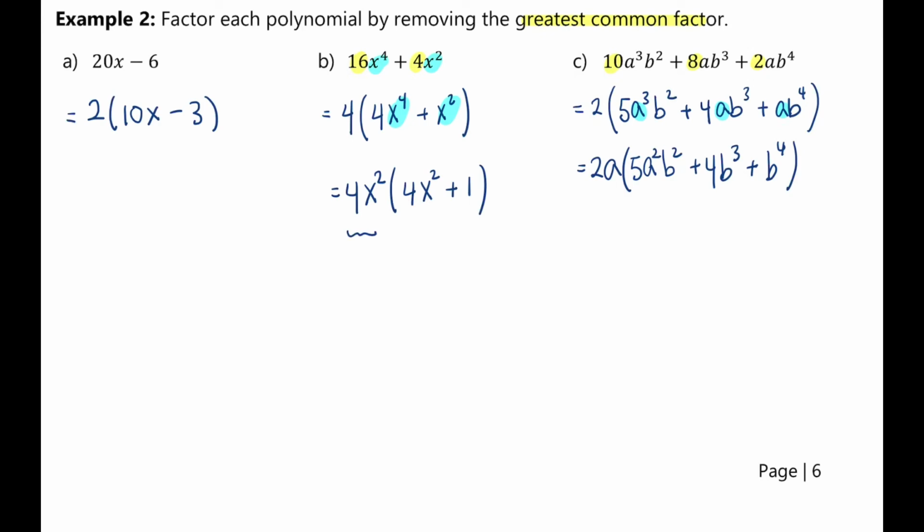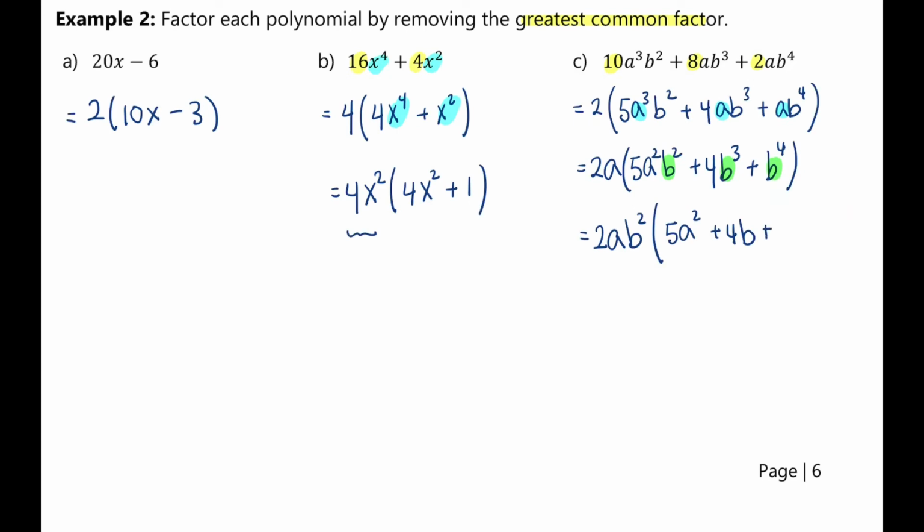There's one more to take out. There's b in each term. So we can factor out b squared from each term. So we're left with 5a squared plus 4b.